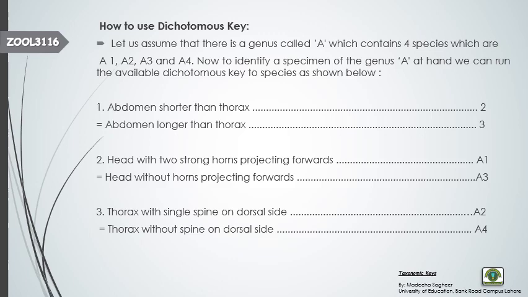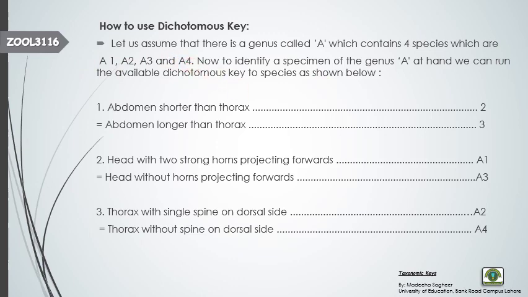We presume that we have a genus called A, and suppose that genus contains 4 species, A1, A2, A3, A4. These are the 4 species in genus A. So we have to identify a specimen that must belong to the genus A, but to which species, for this we need to run a dichotomous key.